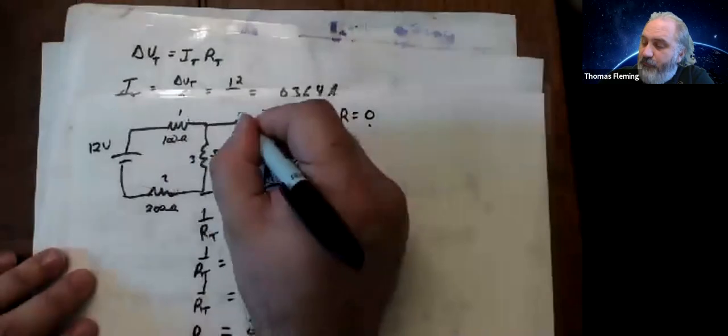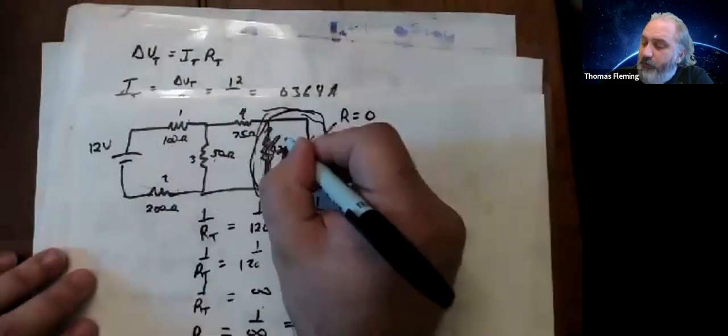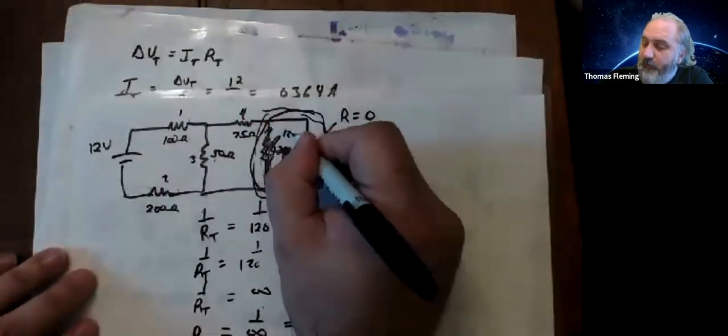Now, in my original circuit, I had resistor 1, 2, 3, 4, and don't forget the 120 that I scribbled out here. We'll call him 5.